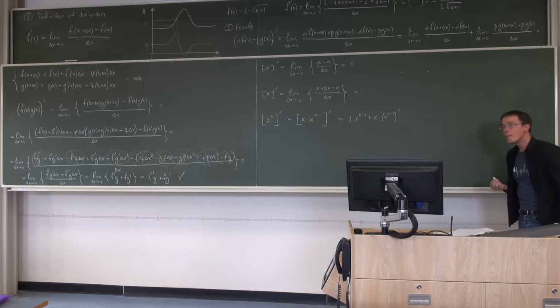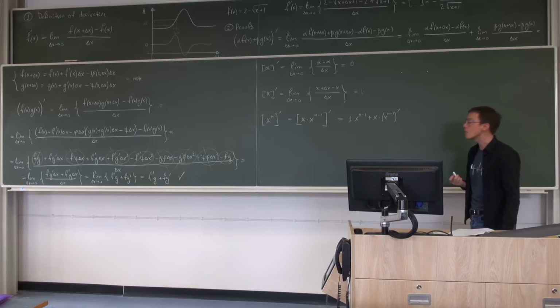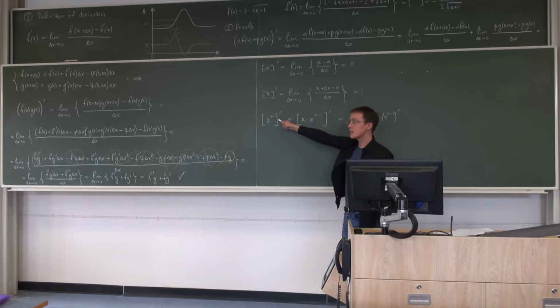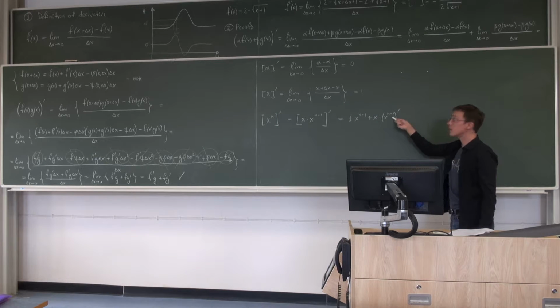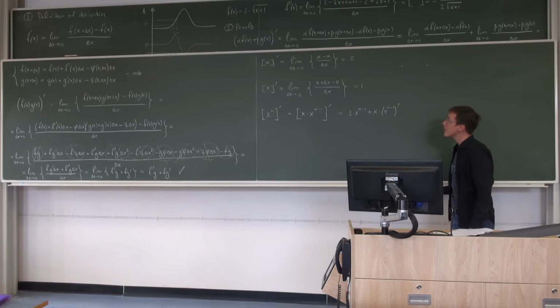Remember those recursively defined sequences that I introduced in the very first lecture. This is one of them. This is the next derivative, the derivative of x to the n, expressed via the derivative of the previous term, the derivative of x to the power n minus 1.